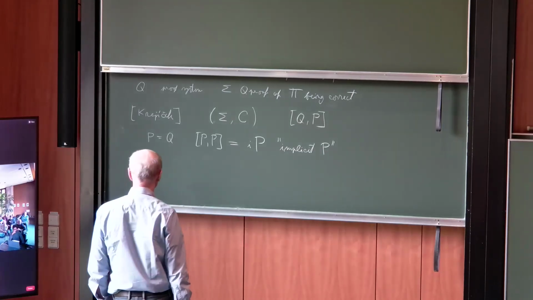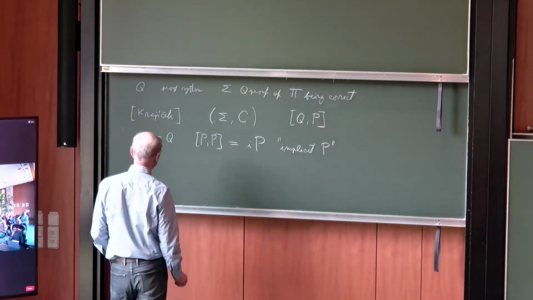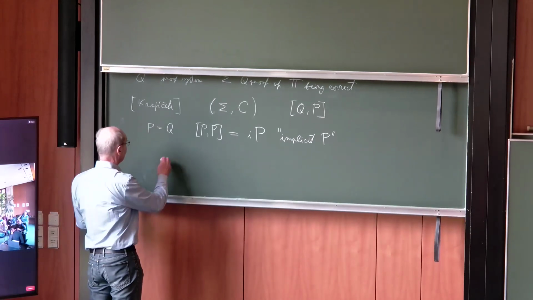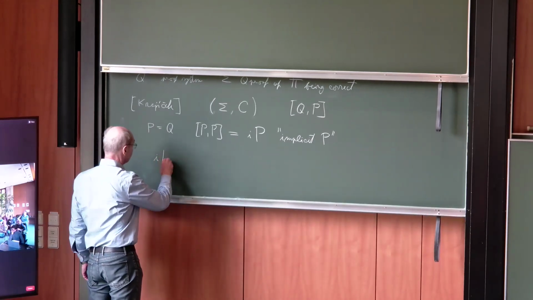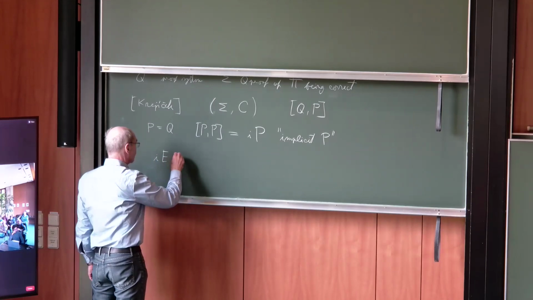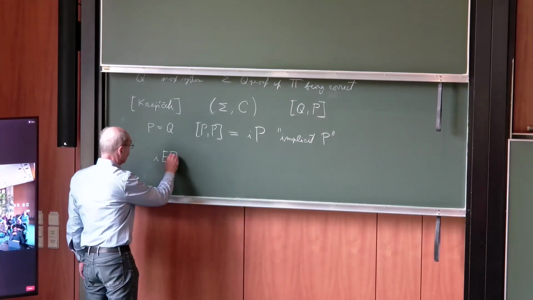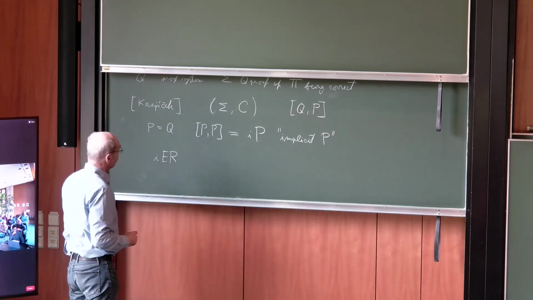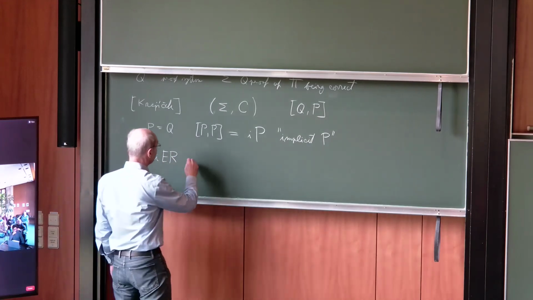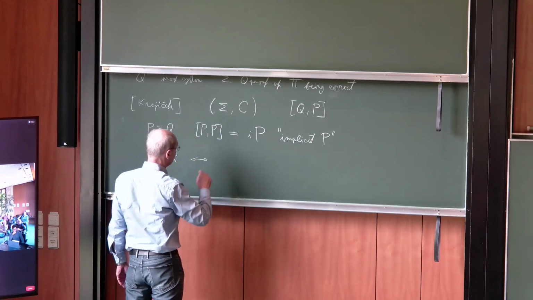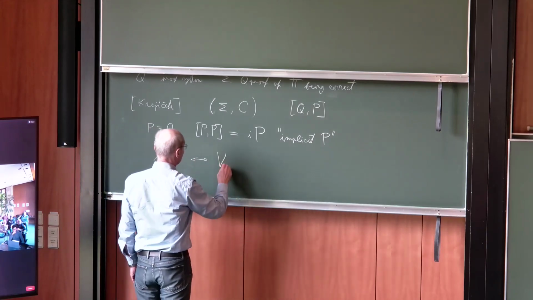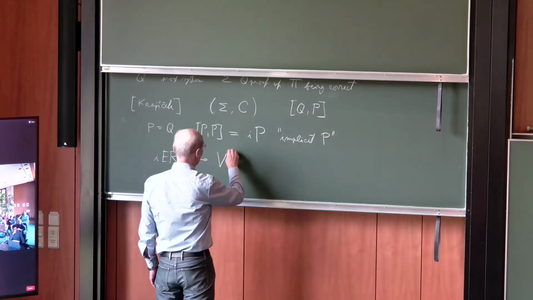One reason is that he showed that if we take implicit extended Frege or extended resolution, then this is a proof system for the theory B12.